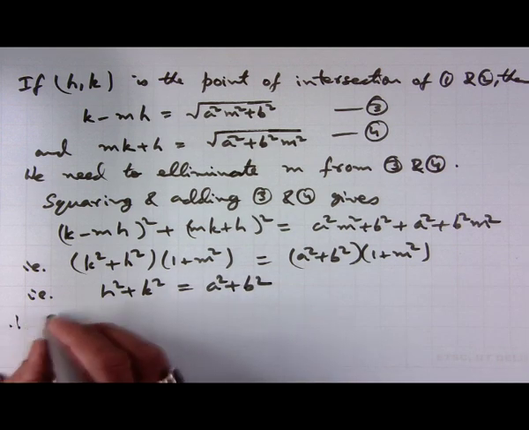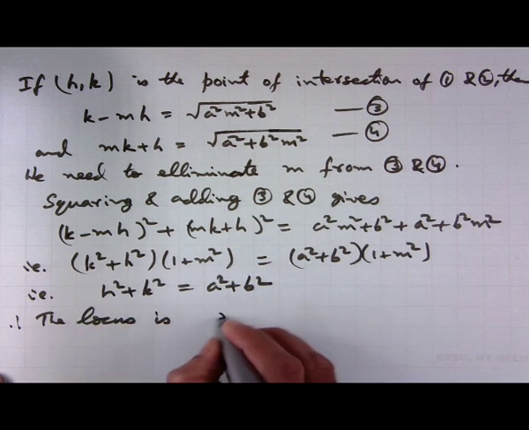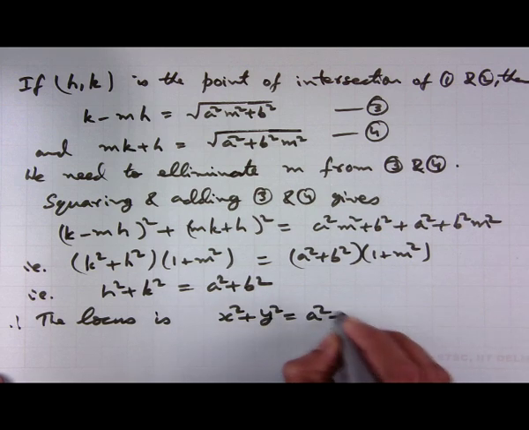Therefore, the locus is x square plus y square equal to a square plus b square.